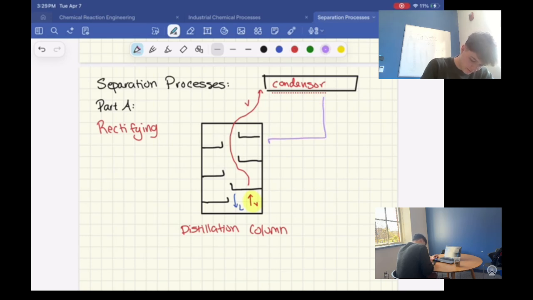So we have a certain amount of liquid coming back, and then we also have the second output over here. And as you can see here, this purple arrow over to the right, in the real world this would be our distillate, which is just a fancy way of saying that's our desired product.